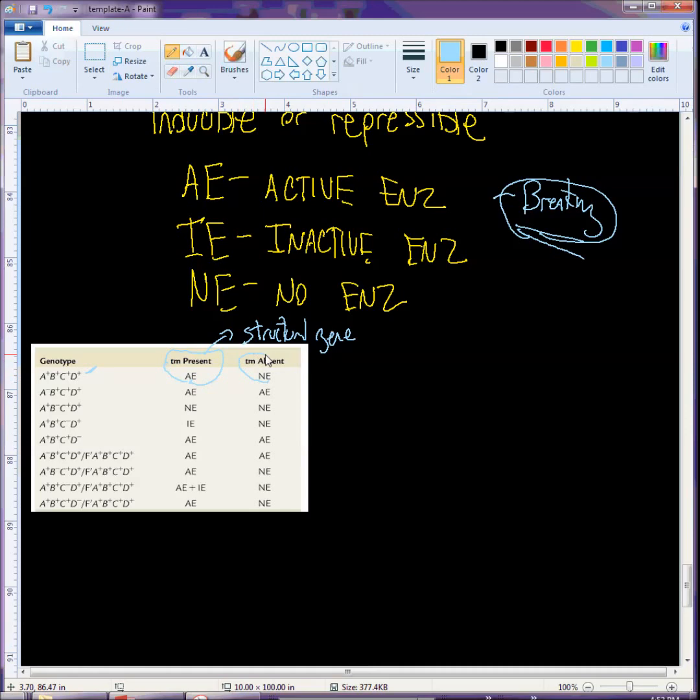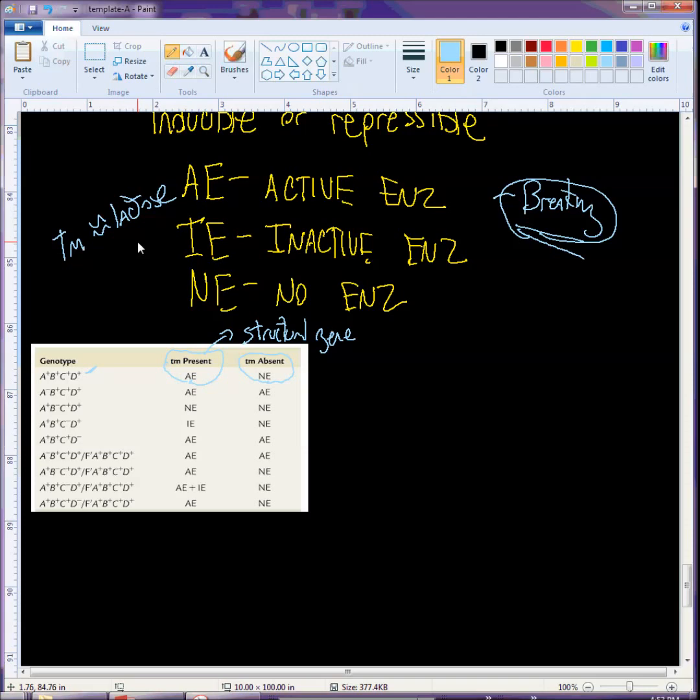It's not active, or there's no enzyme, when it is not present. So this is a lot like the lactose system. When we add lactose to bacteria, the lac operon is turned on. So let's assume that the theoretical molecule is similar to lactose.